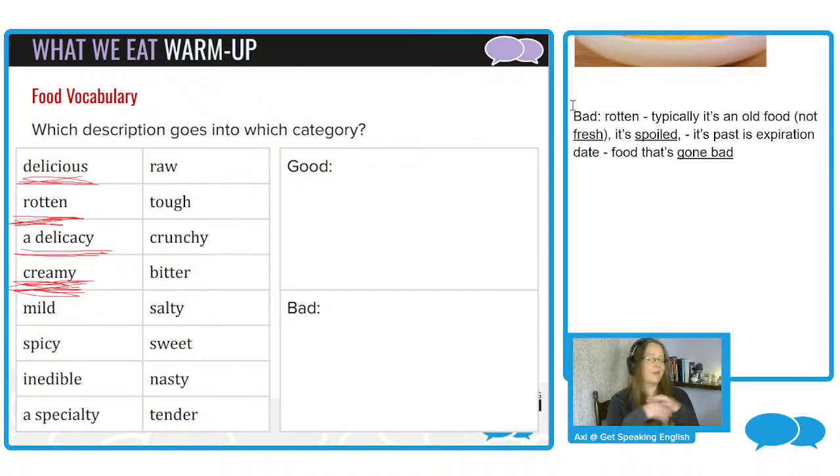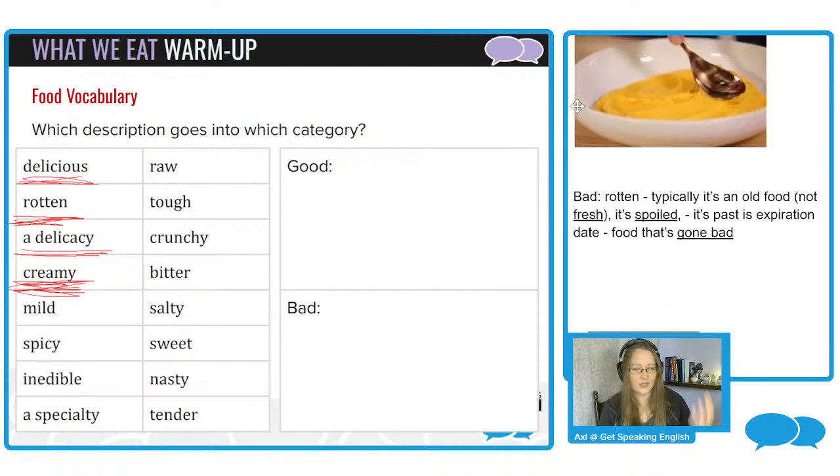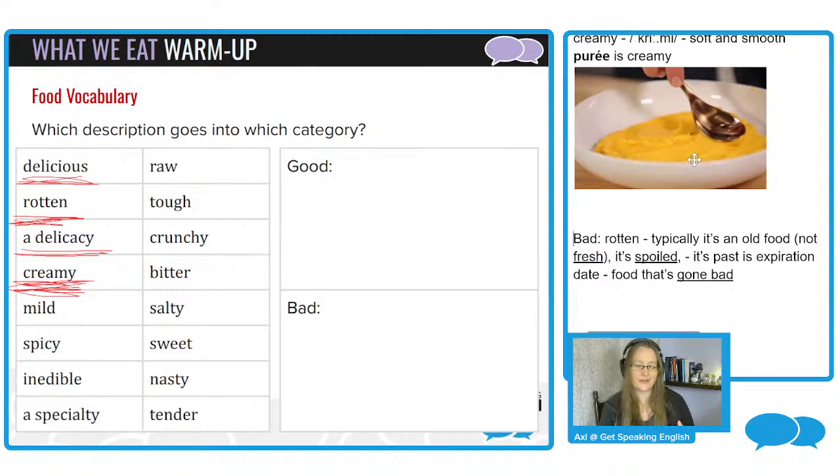So if a food is creamy, it does not need to have cream in it necessarily. Yeah, so it has nothing to do with it having cream in it. It's just a general word for describing something that is very smooth, blended together really, really well. It's not too liquidy, so you can see here that there's still some thickness to it.